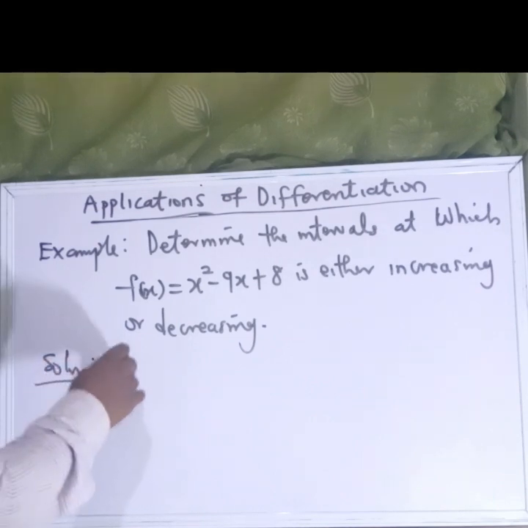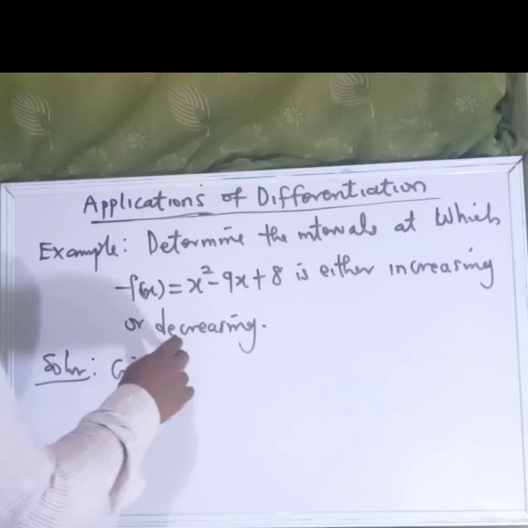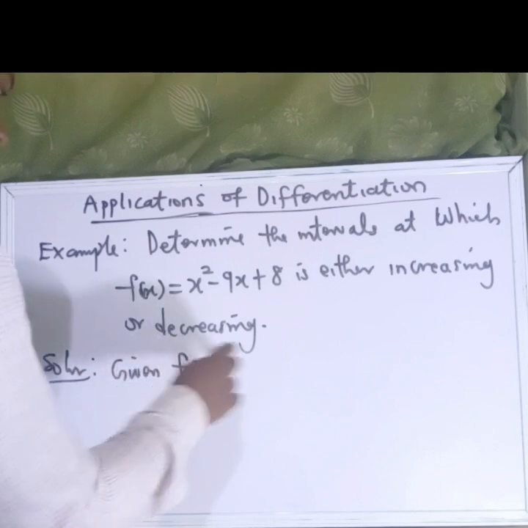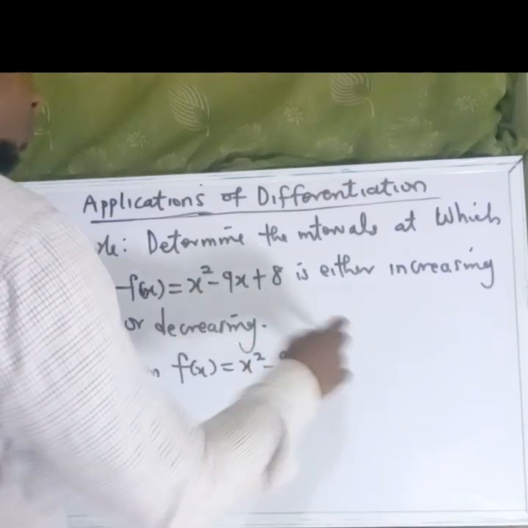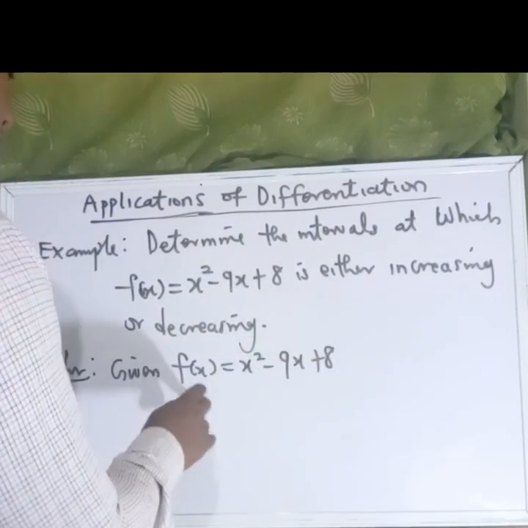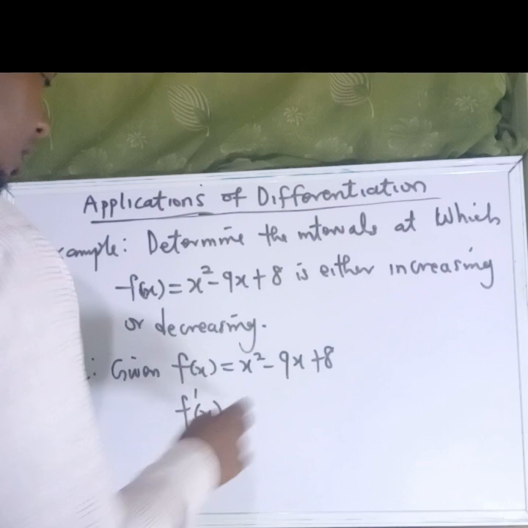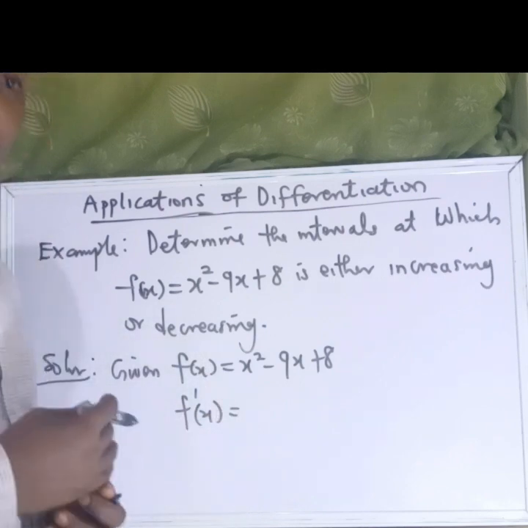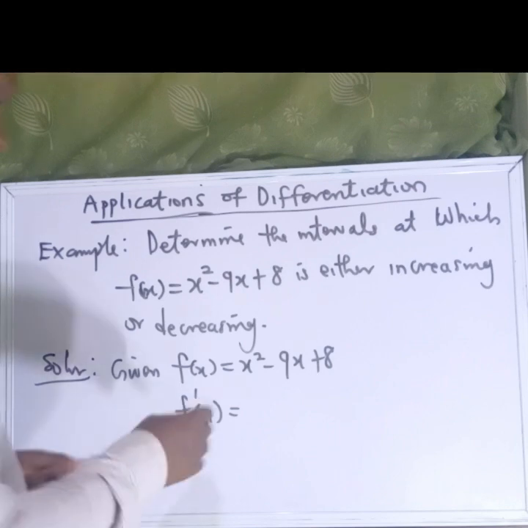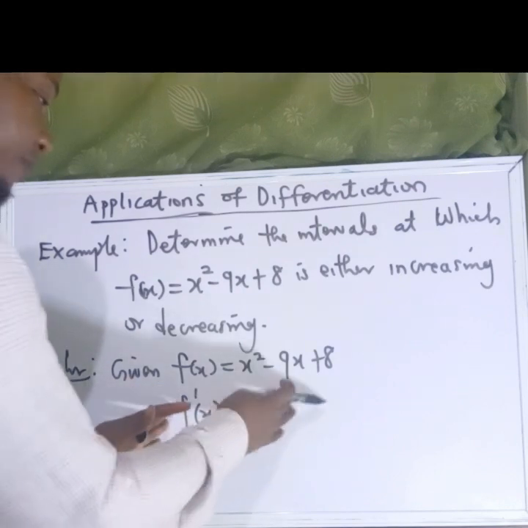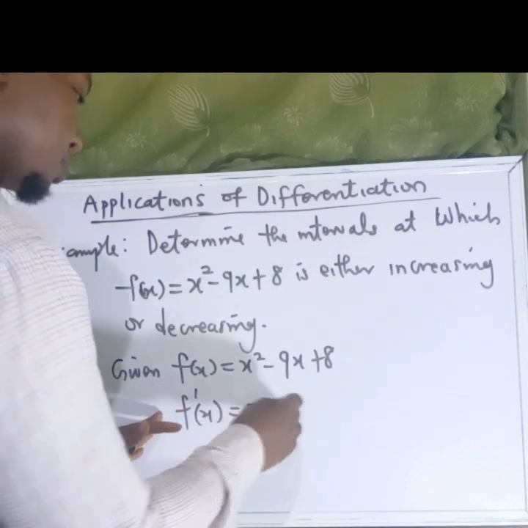So here a function is given. The critical point of this, as prescribed in our earlier video: find the slope of this function, which is this.